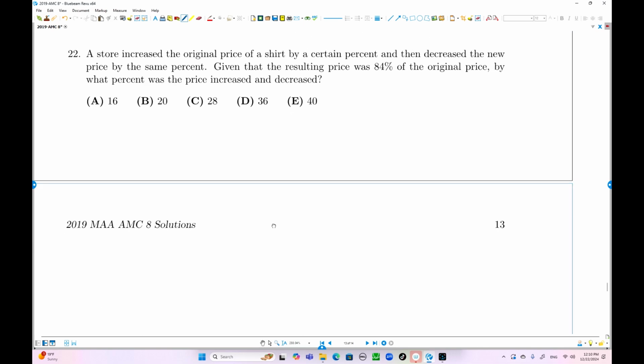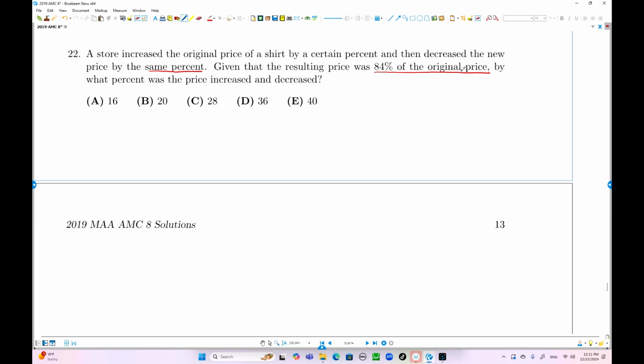Number 22, a store increased the original price of a shirt by a certain percent and decreased the new price by the same percent. Okay, so the percent in decimal, we can use this one, okay? Given that the resulting price was 84% of the original price, by what percent was the price increased and decreased?